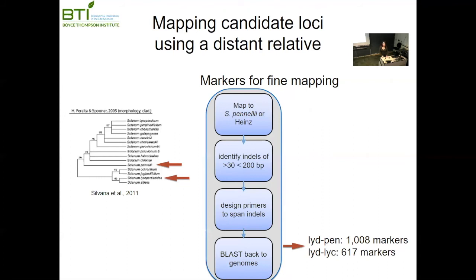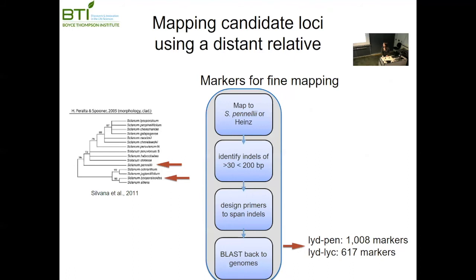To confirm that these would actually work in PCR, we took them and blasted them back to the respective genomes. Since the genomes are quite different, sometimes the primers wouldn't match 100%, or they would map too far apart or do something unexpected. So it's important to do that last step. In doing that, for Lycopersicoides and Pennellii, we have about 1,000 markers.